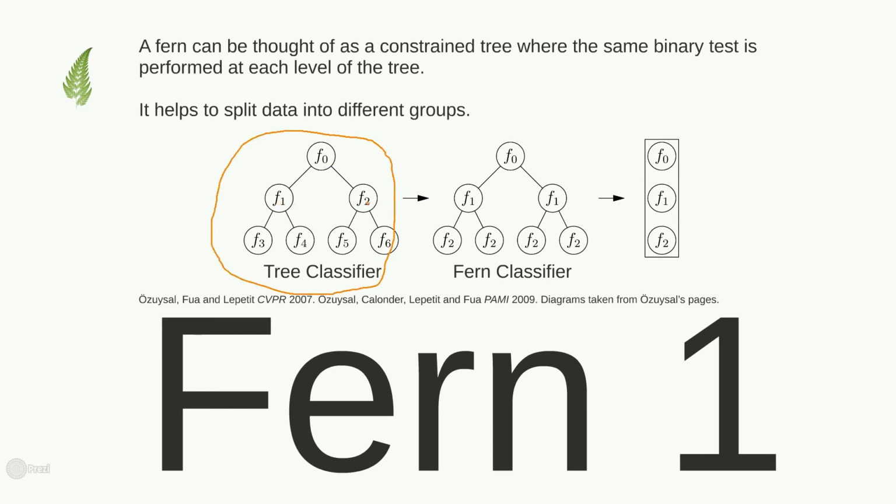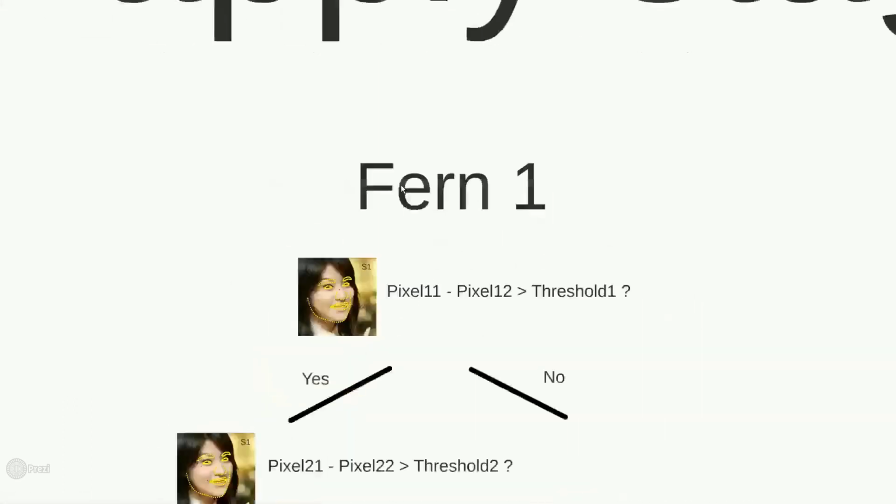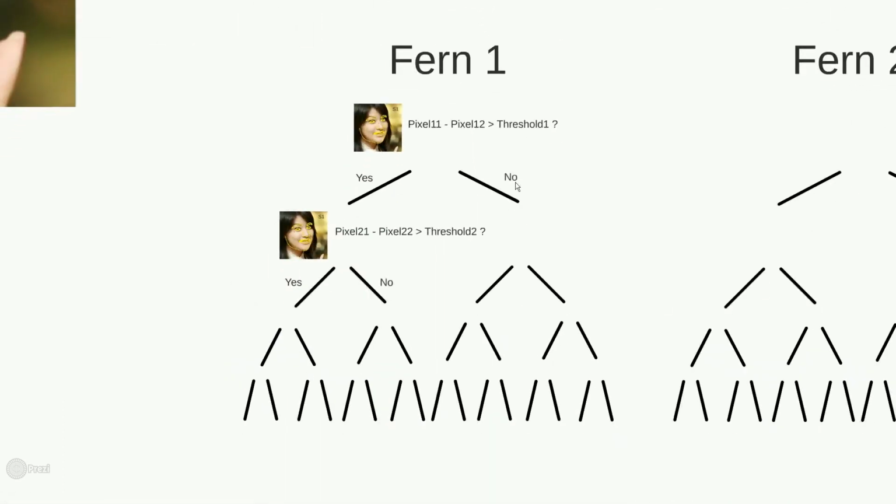And at each node, a different question is asked. But for a fern, at the same level, we ask the same question. For example, in level 1, the same question is asked. So a fern can also be represented in this way. And this is a fern.